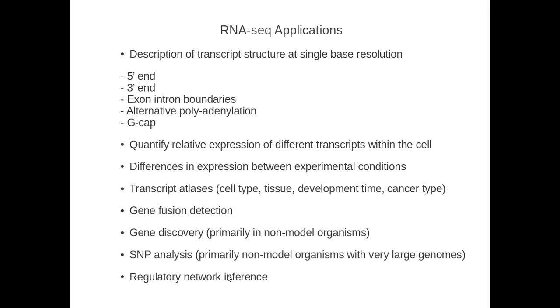And then finally, regulatory network inference. You can do time series analysis to get whole transcriptome information over very short time spans following some stimulus, and you can use different mathematical models to predict which genes are controlling the expression of downstream genes, whose expression gets kicked in at a later time following a particular stimulus, owing to cascades of transcription factors and other regulatory network phenomena that lead to these downstream changes in expression.